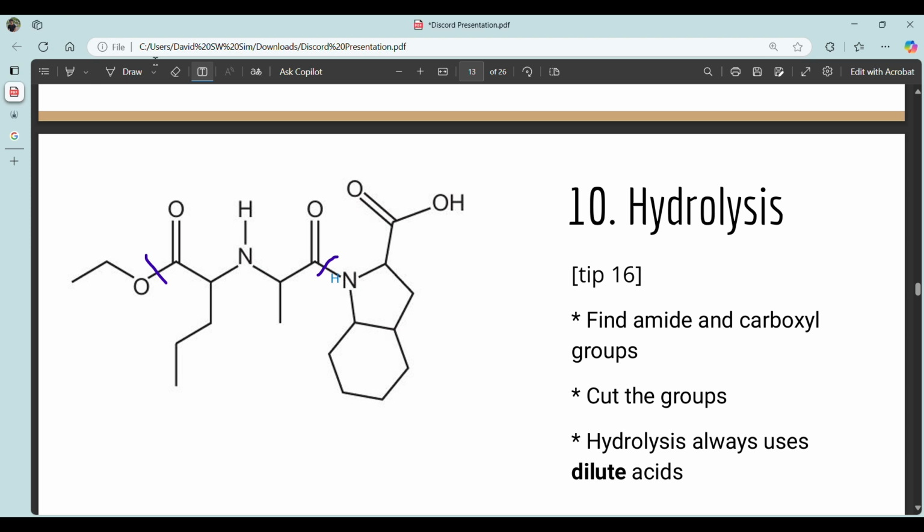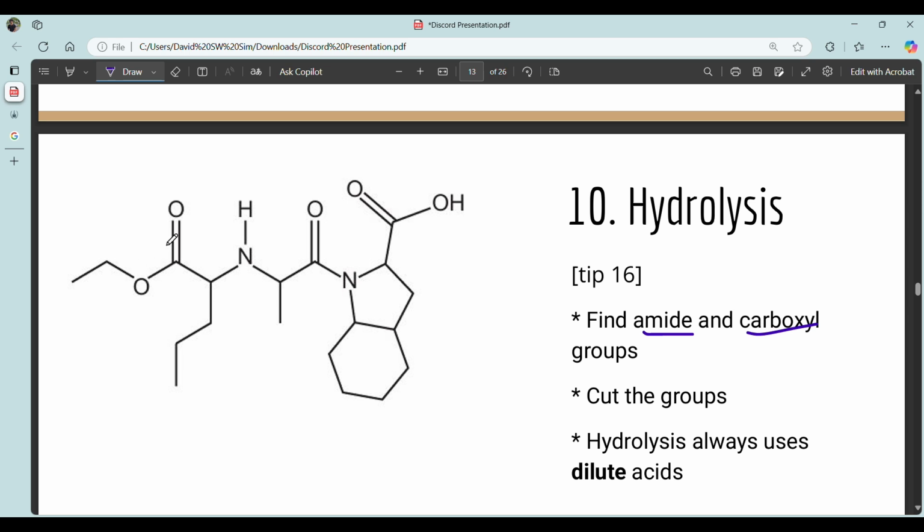Basically, when we are asked to hydrolyze an organic compound, we look for 2 things: the amide bonds and the carboxyl bonds.